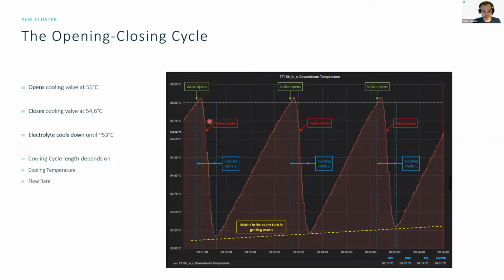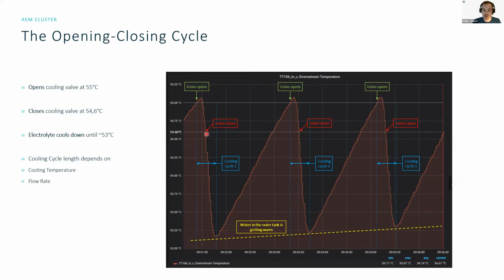You can see this wave pattern, which means that the temperature of the electrolyte within the electrolyzer is roughly between 55 degrees and goes down to 53.20 maybe. So once the valve inside the liquid-cooled electrolyzer opens, then cool water is flowing through the electrolyzer and allows the electrolyte to cool down.